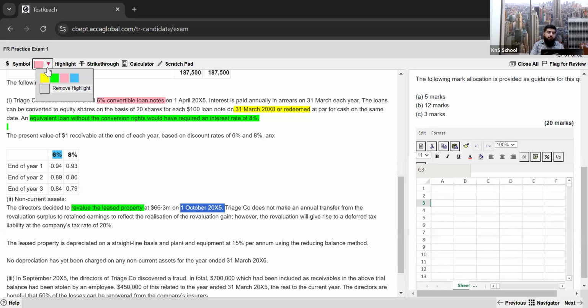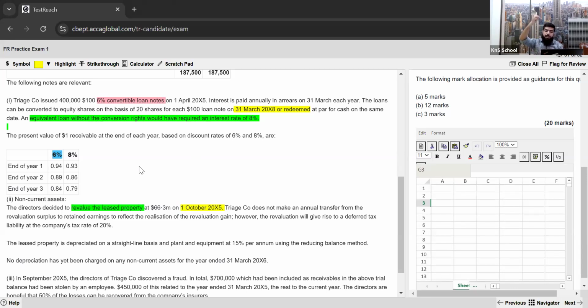First of all, 1st October 2005 means that the accounting period started on 1st April 2005 and ends on 31st March 2006.